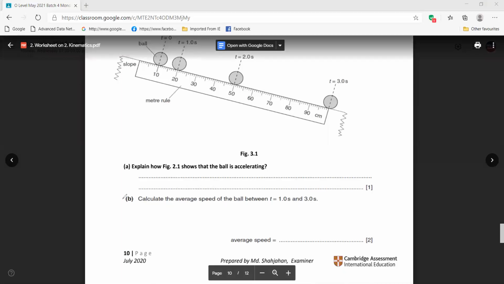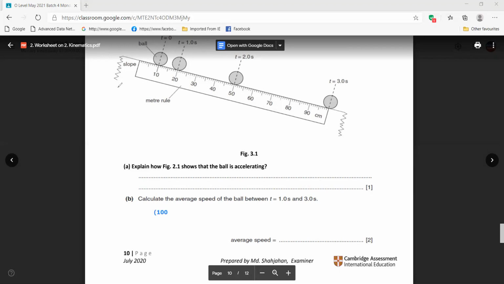Annotate text. Okay, sorry, sir. Sir, can you see?